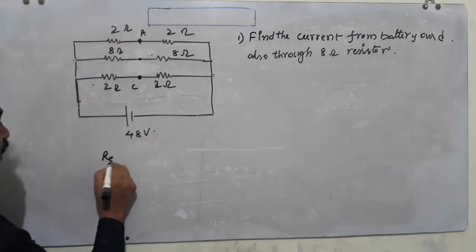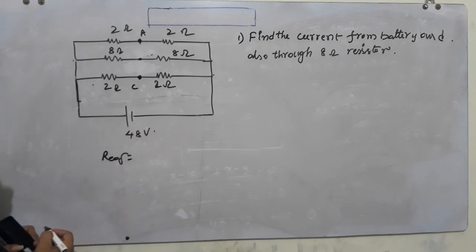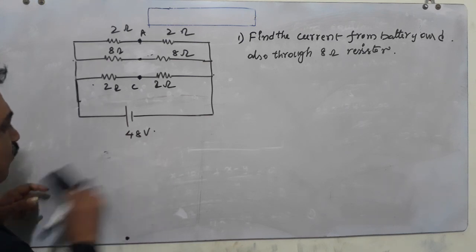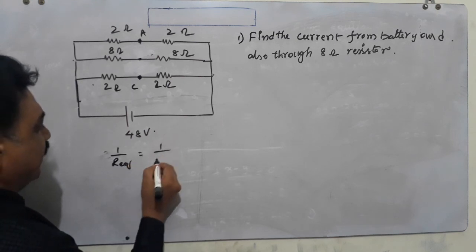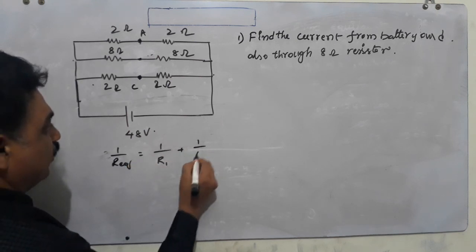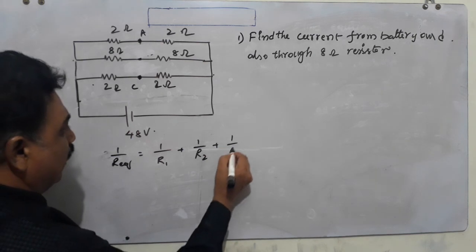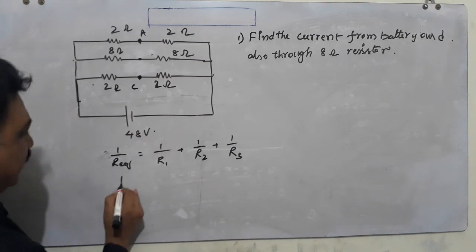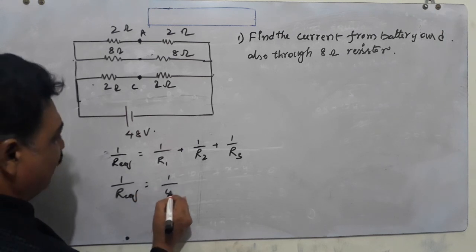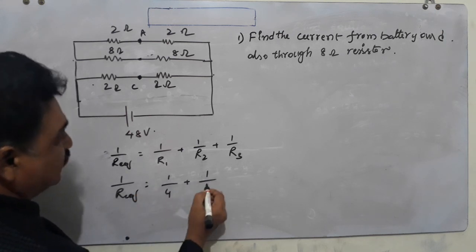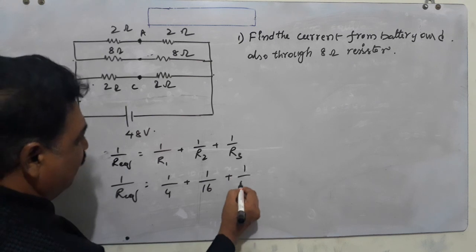So that 1 by R equivalent is equal to 1 by R1 plus 1 by R2 plus 1 by R3. So that 1 by R equivalent is equal to 1 by 4 plus 1 by 16 plus 1 by 4.